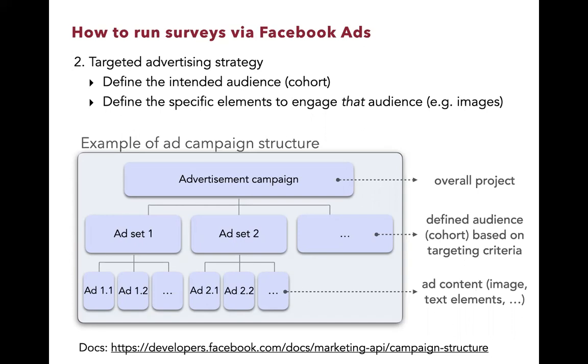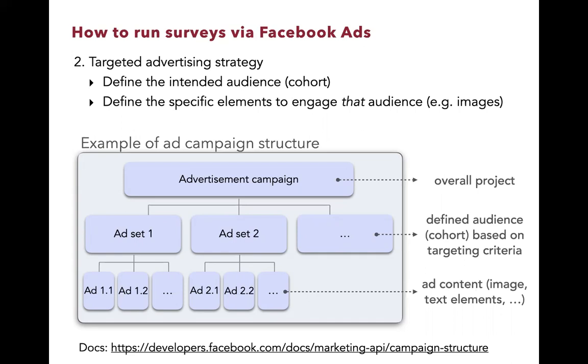At this level, when you create a new ad campaign, you define the goal of your campaign, which is in this case generating traffic to an external website so that people get to visit your survey. The second level consists of the ad sets, where you define your target audience and also the budget you plan to spend to reach that specific audience and the schedule for each ad set.